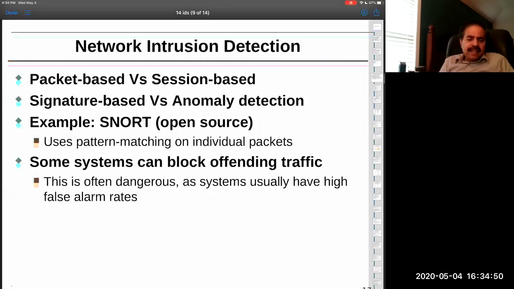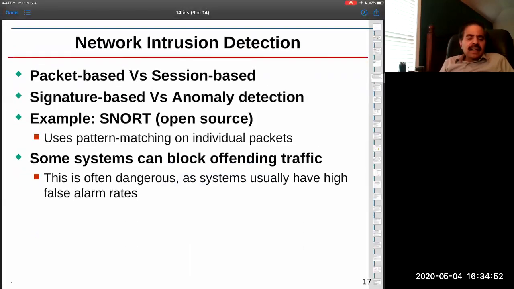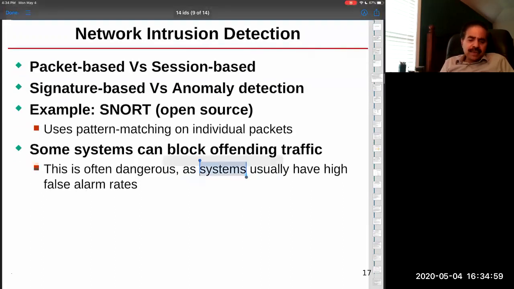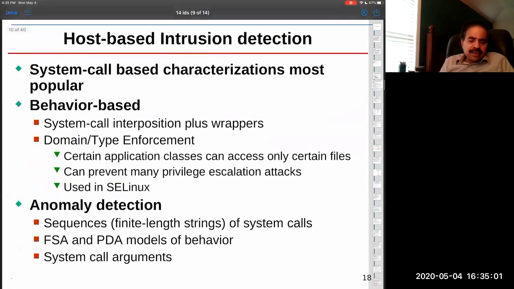Because, as I said, network intrusion detection is not that effective anymore, I won't spend too much time discussing it, but instead I'm going to focus on host-based intrusion detection.